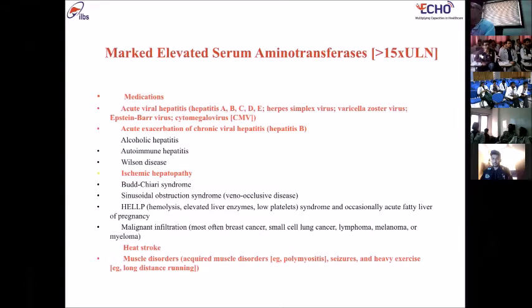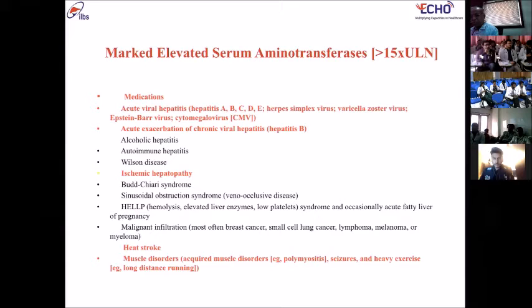So the diseases which can lead to marked elevation of the transaminases can be medication, then secondary to viral hepatitis, which can be typical, that is A, B, D, and E, then herpes virus and varicella, Epstein-Barr, cytomegalovirus, which usually cause anicteric hepatitis and lead to elevation of the aminotransferases.